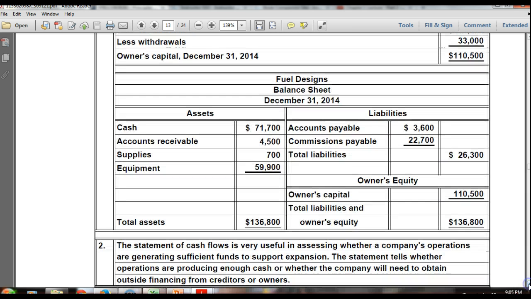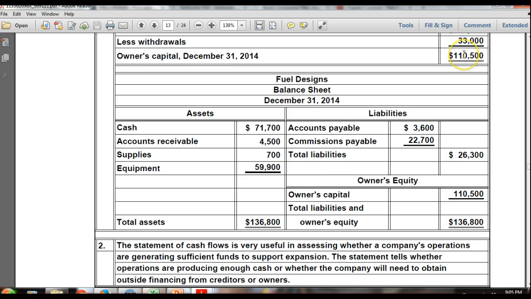Let's look at our assets. Do you see how we have cash, accounts receivable, supplies, and equipment? Do you see our liabilities are only two things? They both say payable. And where did we get our owner's equity or owner's capital?